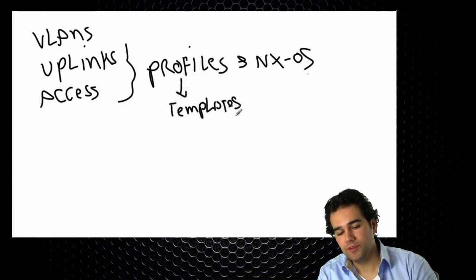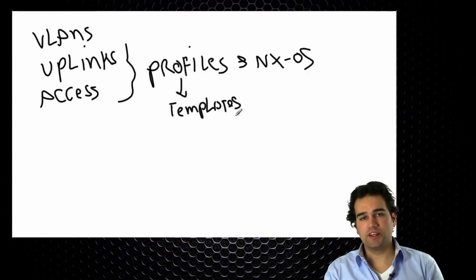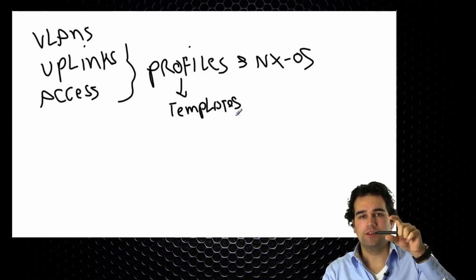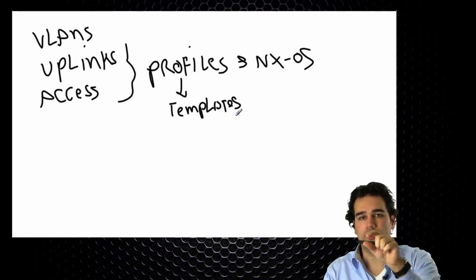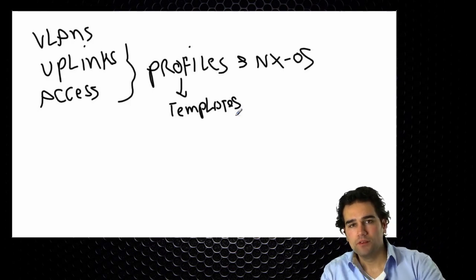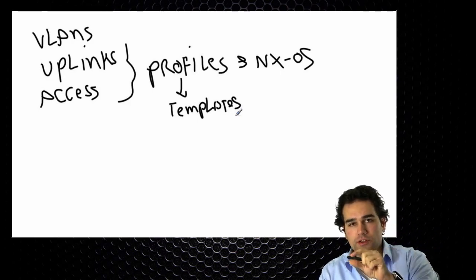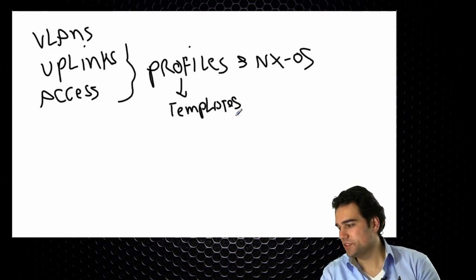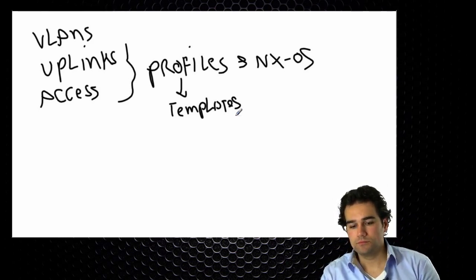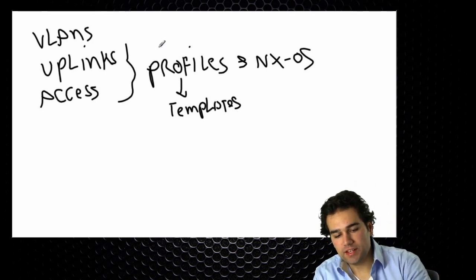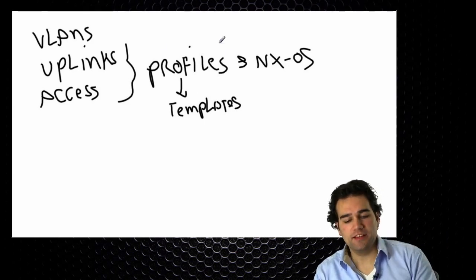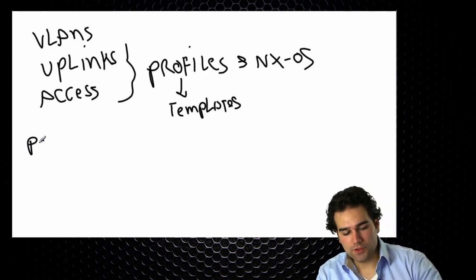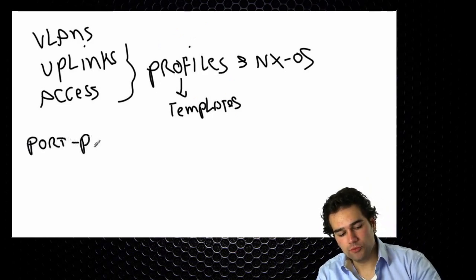So if I have 6 of the same servers connecting to my Nexus 5000, I could create a port profile setting switchport mode trunk, switchport trunk allowed VLAN 1, 2, 3, 4, spanning tree port type edge trunk, and apply that profile to 6 physical ports. That is a profile in NX-OS, and the Nexus 1000V is using that extensively. They are called port-profiles.